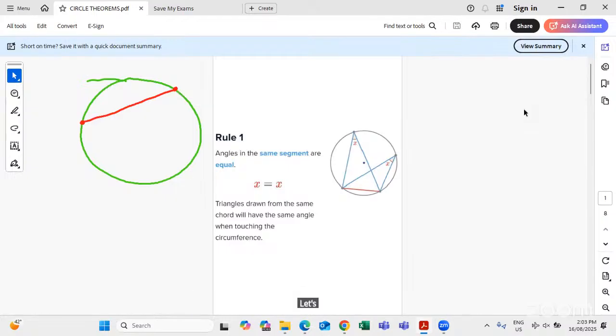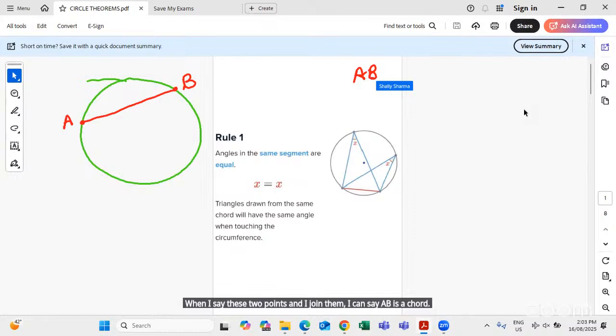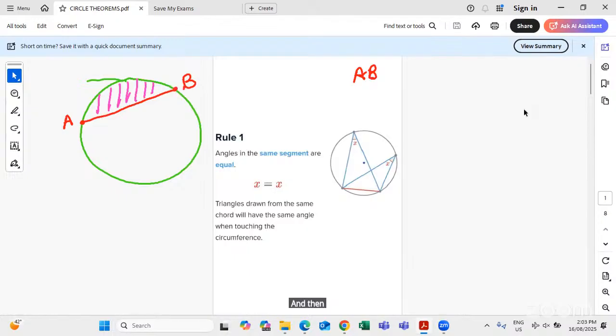Let's say this point is A and this point is B. When I join them, I can say AB is a chord. AB is a straight line. What this chord is doing is splitting this whole circle into two parts. One is this one, and the other is this big one.